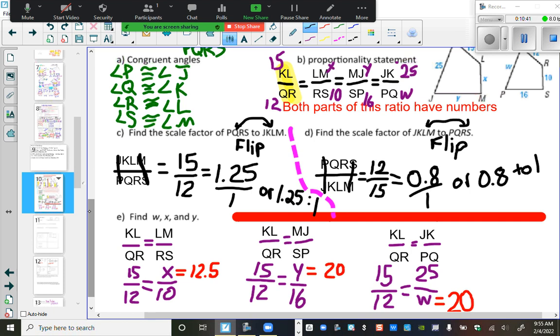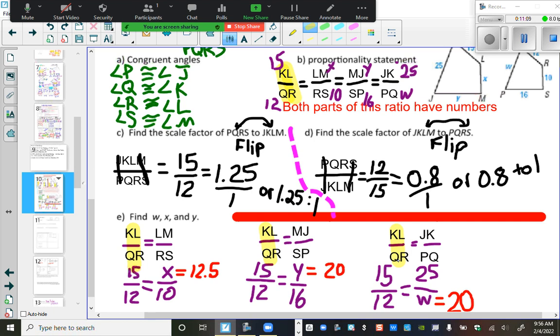I'm going to highlight it in all these problems. That's your initial ratio, the one that has both numbers, in order to help you get the missing side of any of the other values.